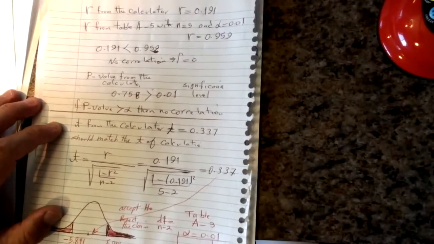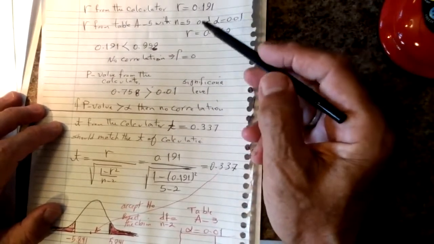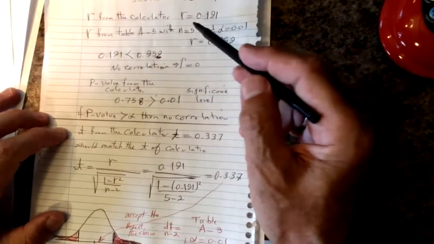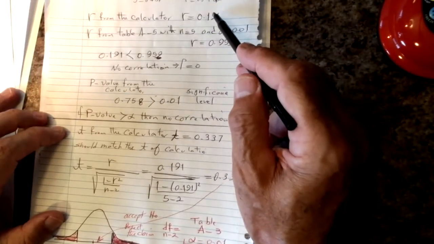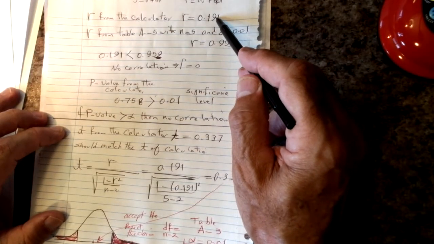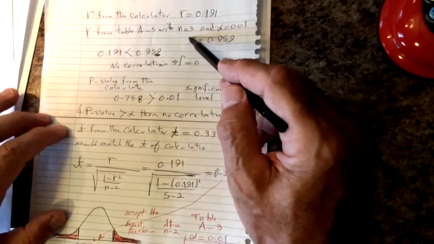All right. Now, I have the P value, I have an R value from the calculator. This R must be greater than R that you find through table A5.